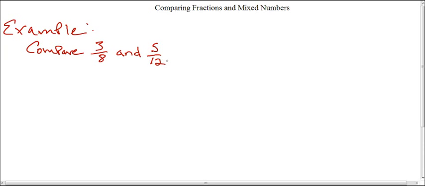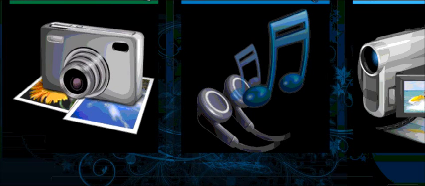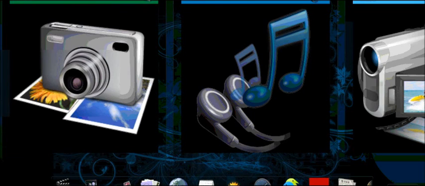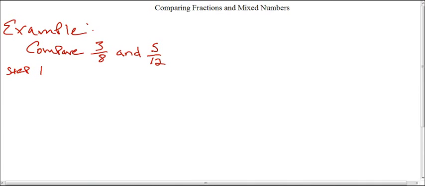So, step 1, we need to find the least common multiple of the denominators.